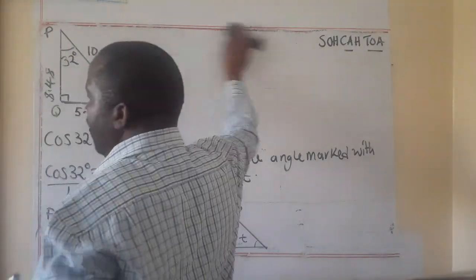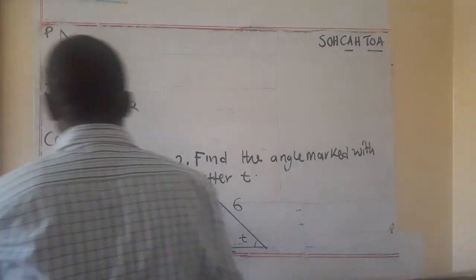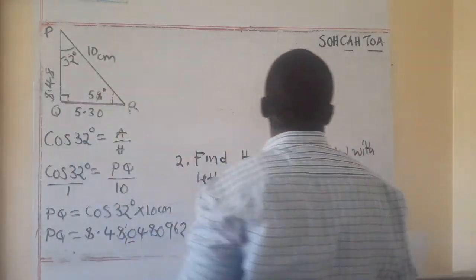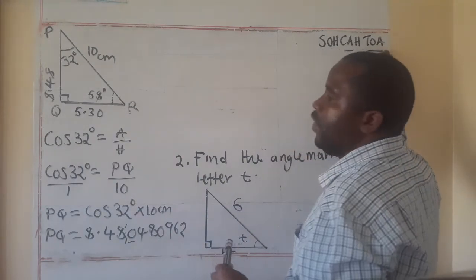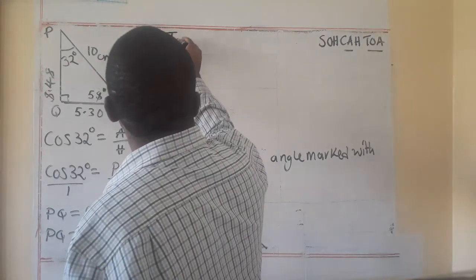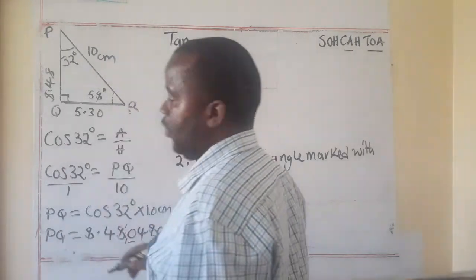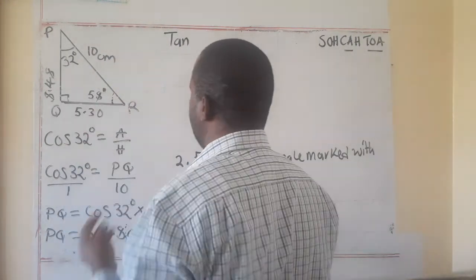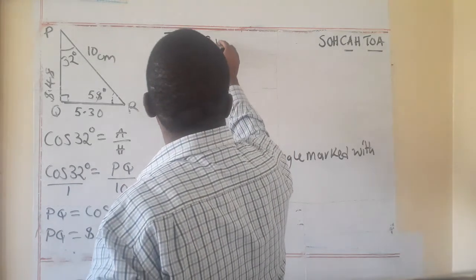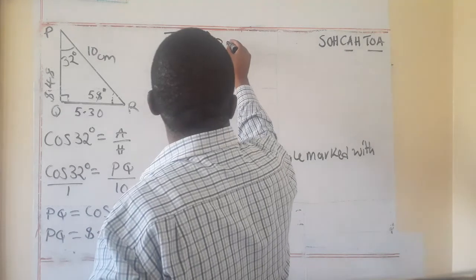How do we get it, other than using the first method where we say 180 minus the sum of these two? Maybe let me go for a tan. So tan of this angle that we don't know, the 58 which we want to find, QRP. How do you define this?